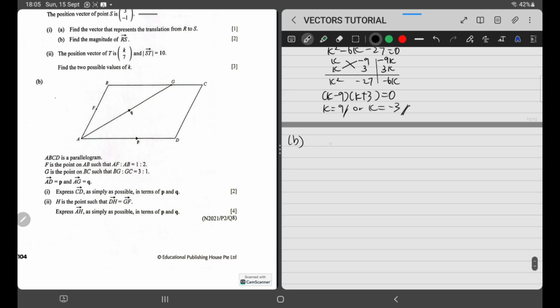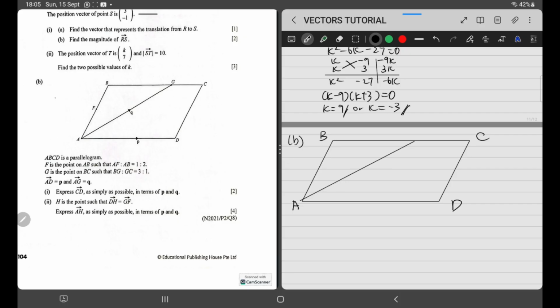So you have a parallelogram. I'm just going to draw the parallelogram over here. So A, B, C, D. You have a line.